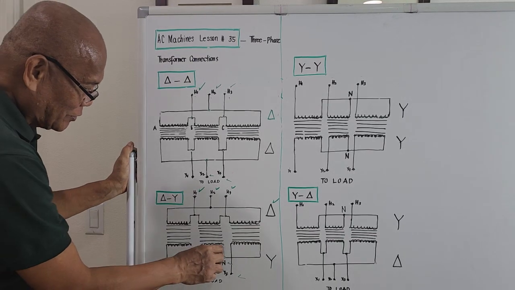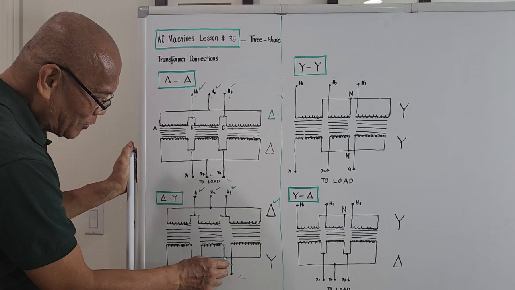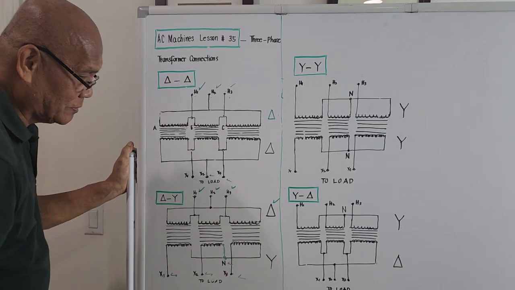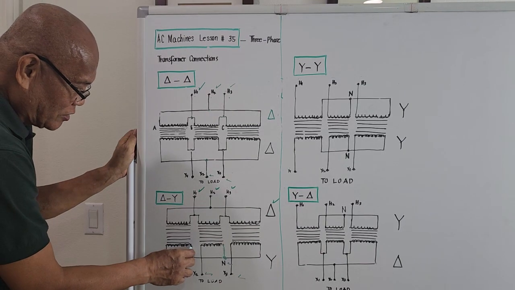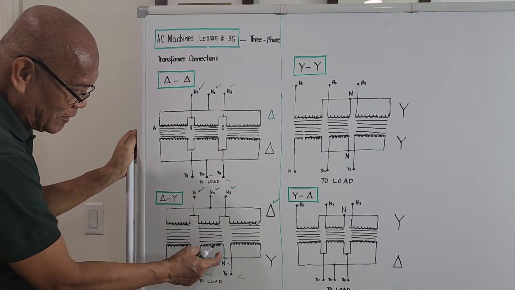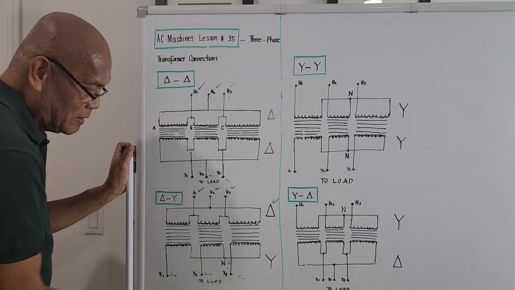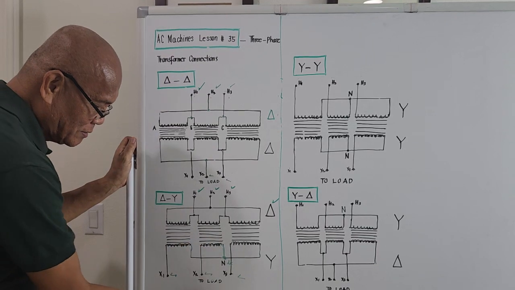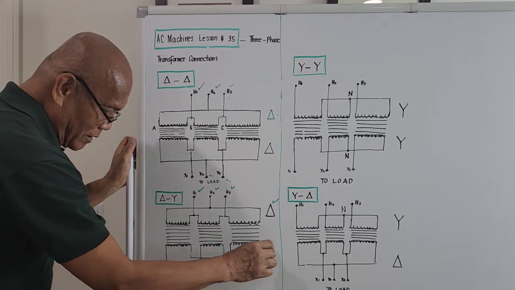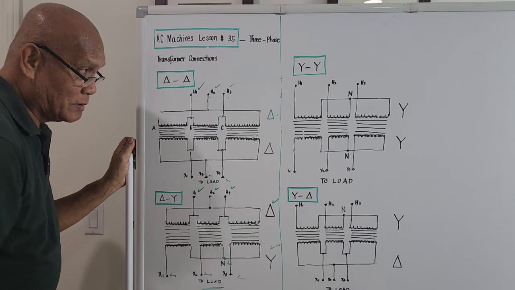So for a Y connection, we got a common point, which is called neutral. Okay? But just be sure this is left, and we merge it into one, that will be the neutral. So the other ends will be the output lines. Okay, for a Y. So this is to the load, connected to the load.